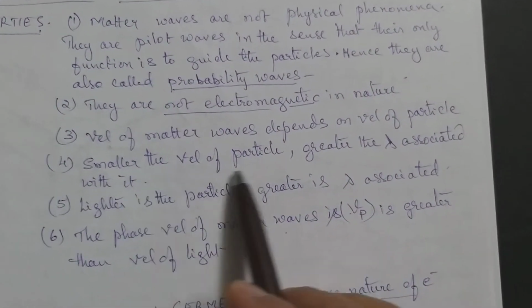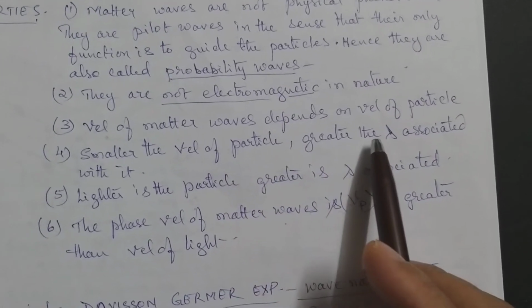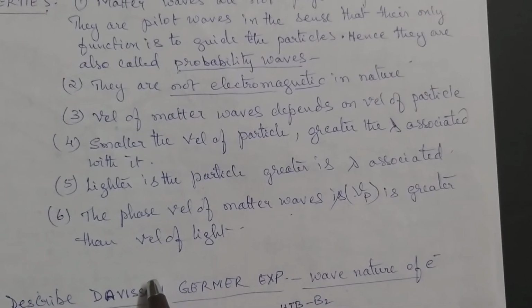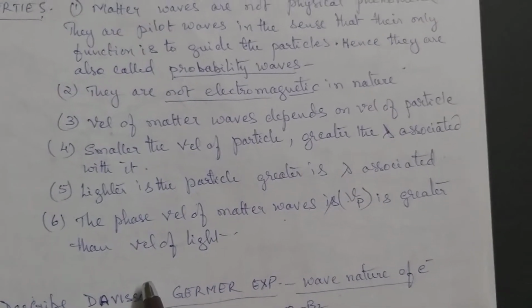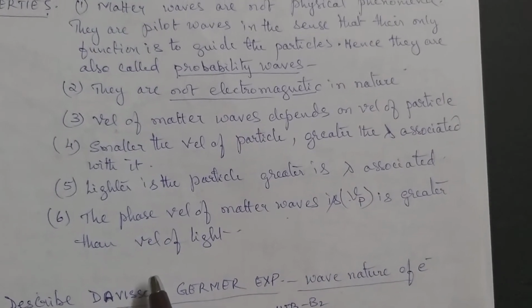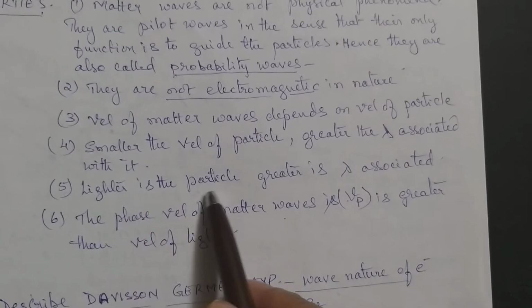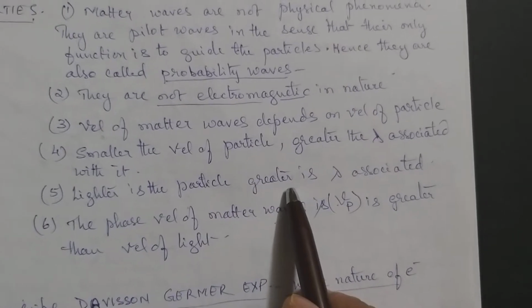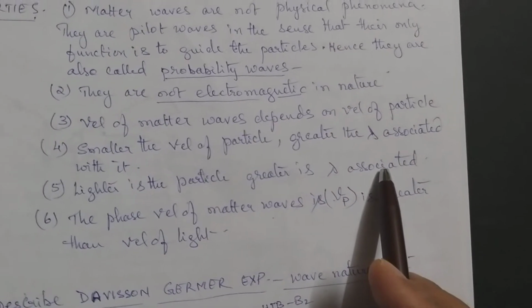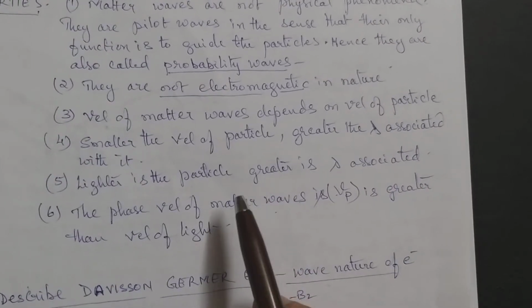So smaller the velocity of the particle, greater the lambda associated with it. See, lambda is equal to h by mv. If v is small, then lambda is high, and if m is small, that is lighter the particle, then greater is lambda. So lambda will be great if m is small or v is small.